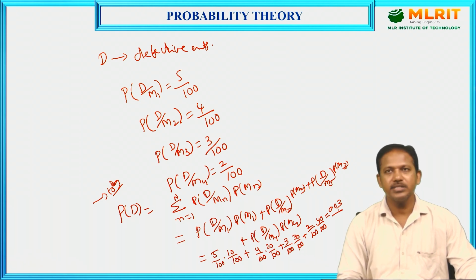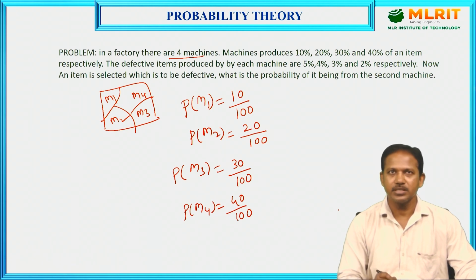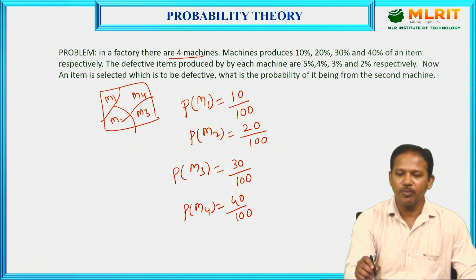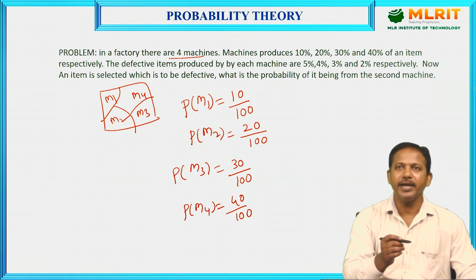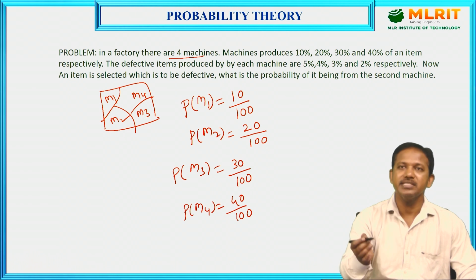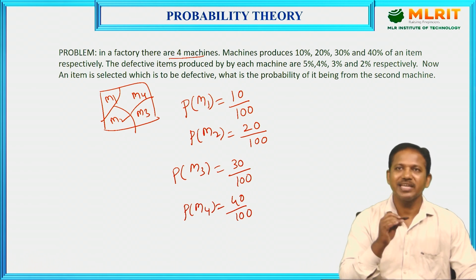Now, he is asking another question: what is the probability of it being from the second machine? The item drawn must be defective, and that item is coming from the second machine.